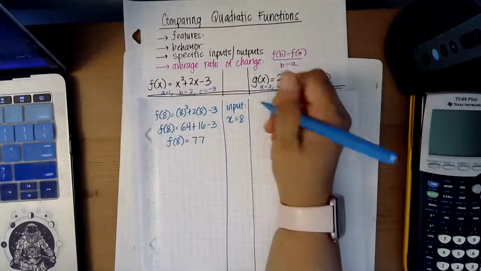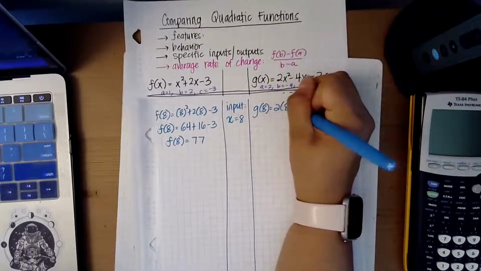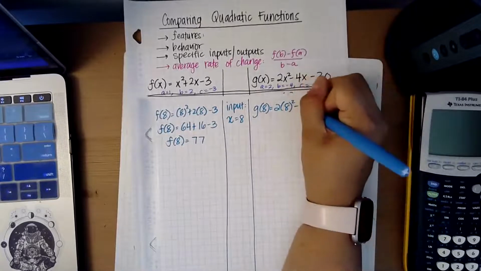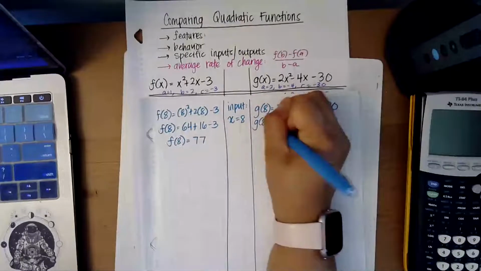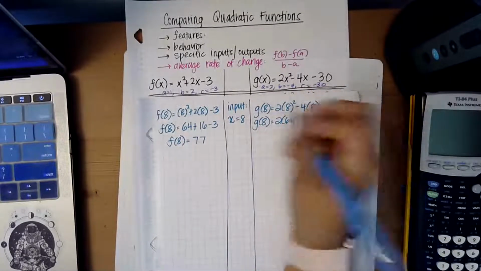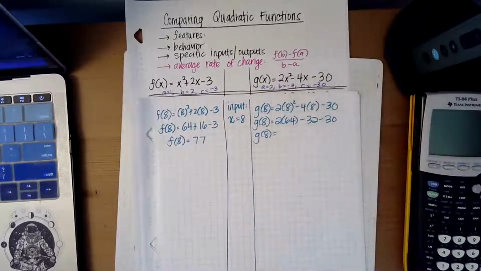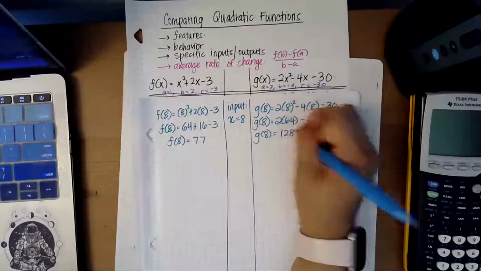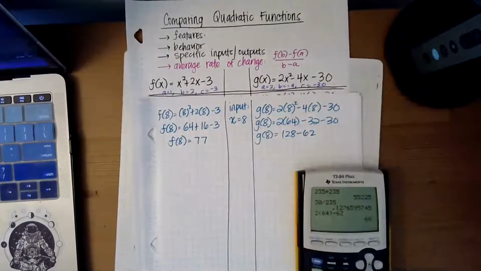I'm going to do the same thing over here, looking for g of 8, which is 2 times 8 squared minus 4 times 8 minus 30. I get g of 8 is equal to 2 times 64 minus 32 minus 30. This is going to be 128 minus 62.